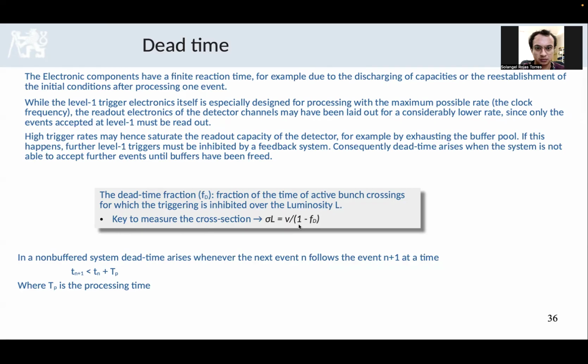So you cannot have luminosity in the denominator of the FD. Because this is the definition of the dead time fraction. So it is a fraction of time when the triggering is inhibited over the whole period of time, no?